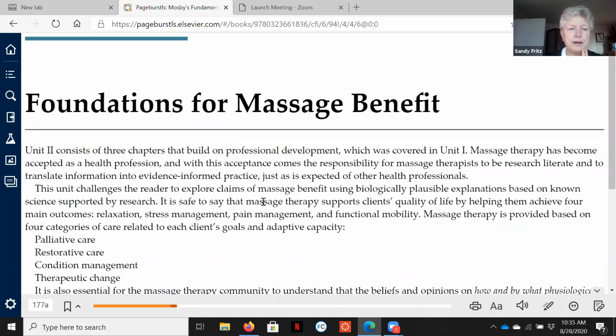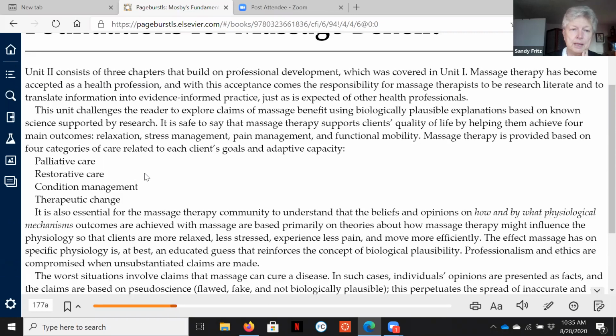As we look at an overview then of this unit, which we call Foundations for Massage Benefit, we're going to start to get into more specifically the idea of what are evidence-informed outcomes, how do we approach a person's care, as opposed to a modality or a method.